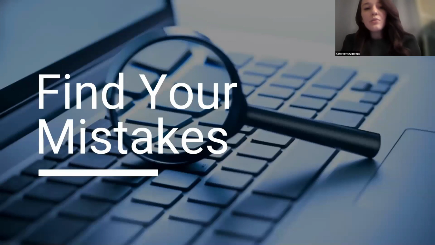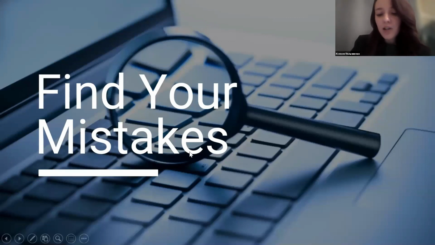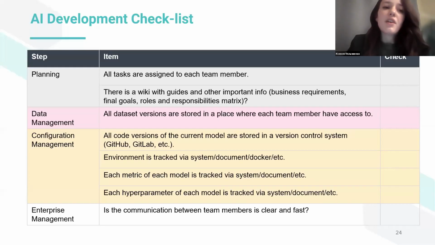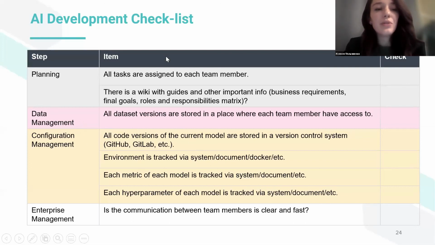So the last thing I want to give to you is a way you can find your mistakes. Actually, yesterday, Julia made a kind of similar talk. She provided a link where you can analyze the maturity of your process. Here are some questions for each step.